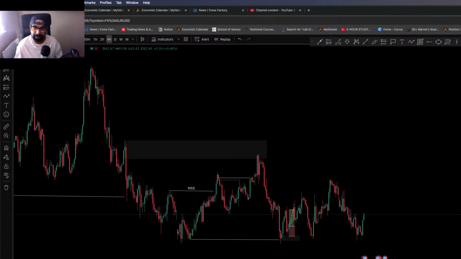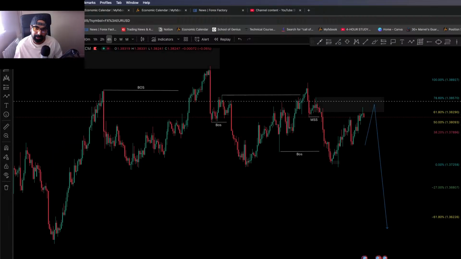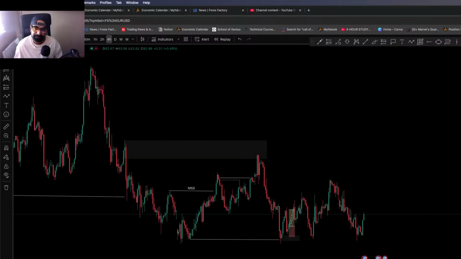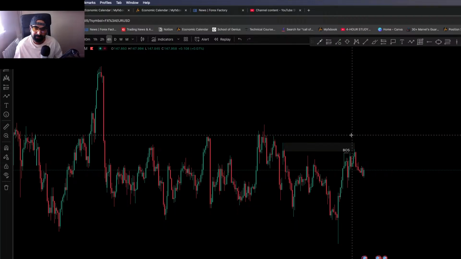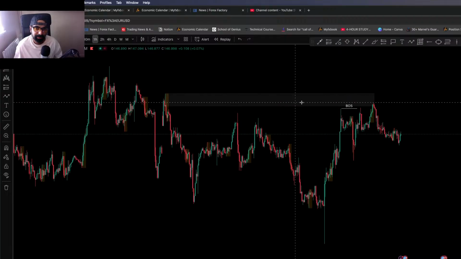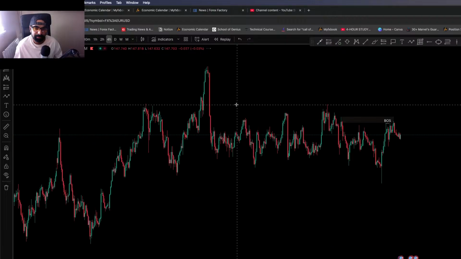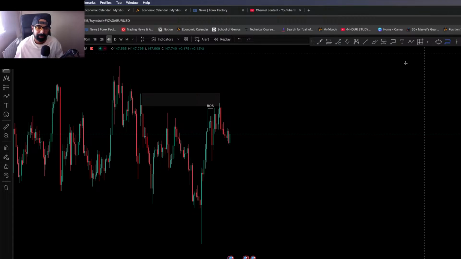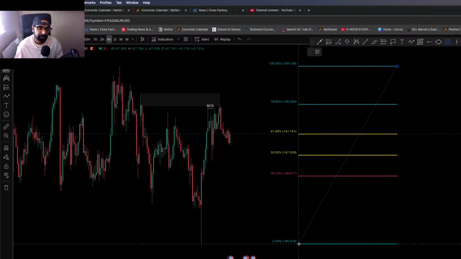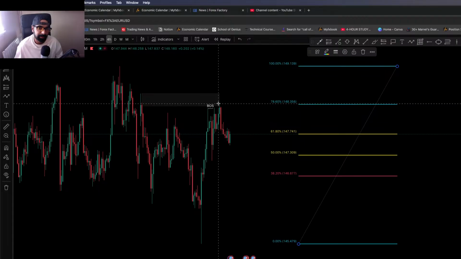US oil, I use it for correlation. I did take this trade, but normally with the USD CAD that correlates both. USD JPY, not the best, but yeah, so it's something that I don't really like much, but all you can do is just tie top to bottom right there on target.